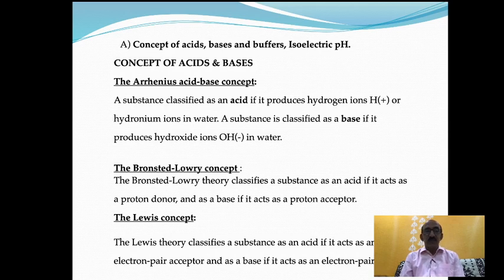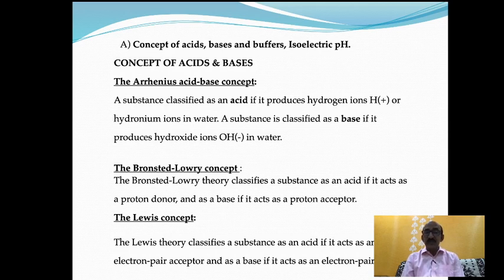Therefore, the scientist Lewis gave another concept about acids and bases. According to the Lewis theory, a substance is classified as an acid if it acts as an electron pair acceptor and as a base if it acts as an electron pair donor.